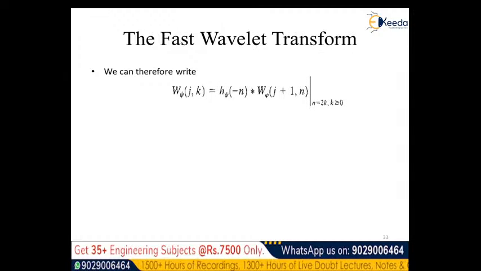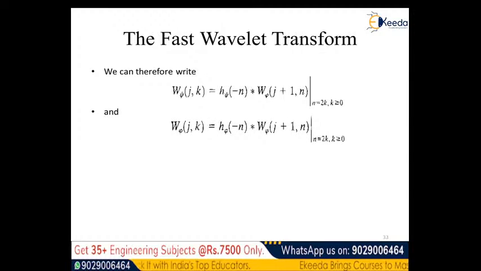So therefore we can mathematically write it as W_ψ(j,k) is equal to h_ψ(minus n) convolved with W_φ(j plus 1, n), provided n is equal to twice k and this k is always greater than or equal to 0.